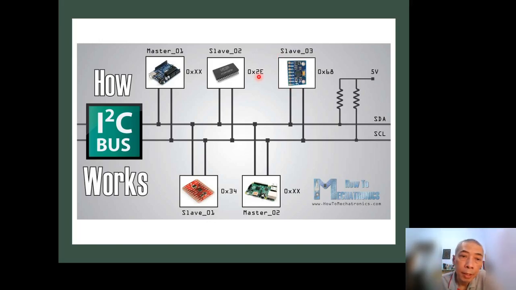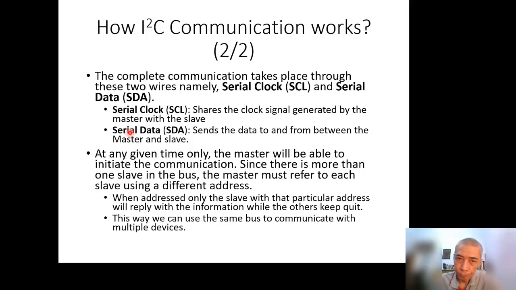And typically, this kind of wiring uses pull-up resistors. Don't forget to place the pull-up resistor here to make the I2C bus work. So the complete communication takes place through these two wires, namely SCL and SDA.